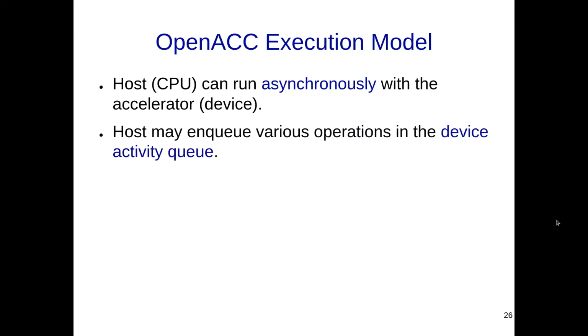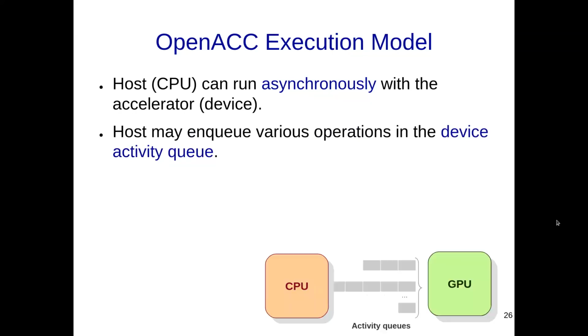So this was what I was talking about, that there is a queue of operations which gets maintained, which is related to the accelerator or the device, called the device activity queue. Into that activity queue, different operations get inserted. For example, I'm showing a few queues here between CPU and GPU. The driver from the CPU inserts the next operation into a queue, and the driver from the GPU can extract different operations from the queue.